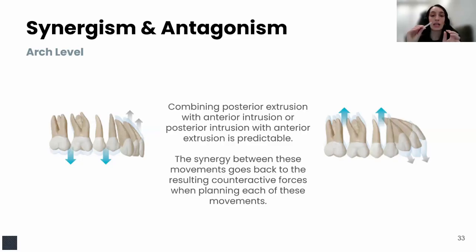So what could happen is a lack of expression of both movements. If I plan both of these antagonistic, challenging movements together, I could end up with two movements that are not tracking well, and this could lead to some sort of collapse. So it's very important to be mindful of the movements that we are planning together. And as I already mentioned, planning a movement that is already happening as a counteractive movement to the movement I'm planning will definitely lead to better expression of both movements.